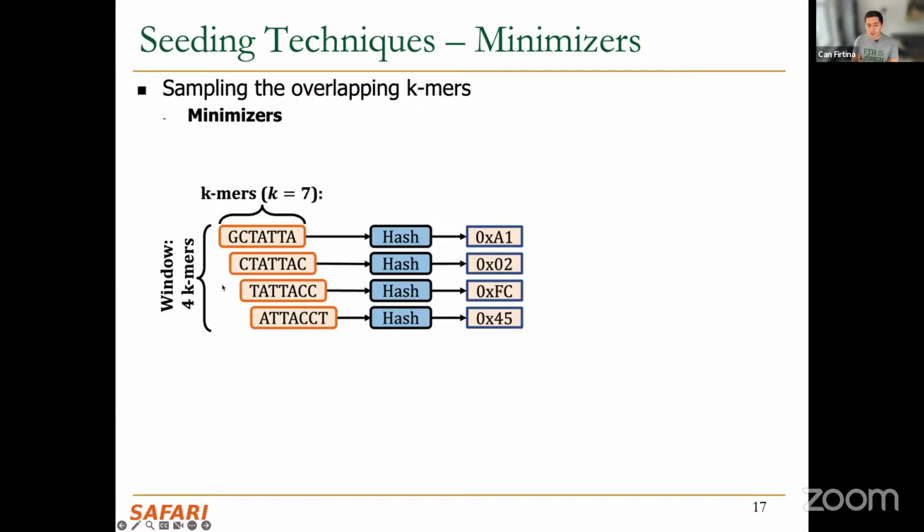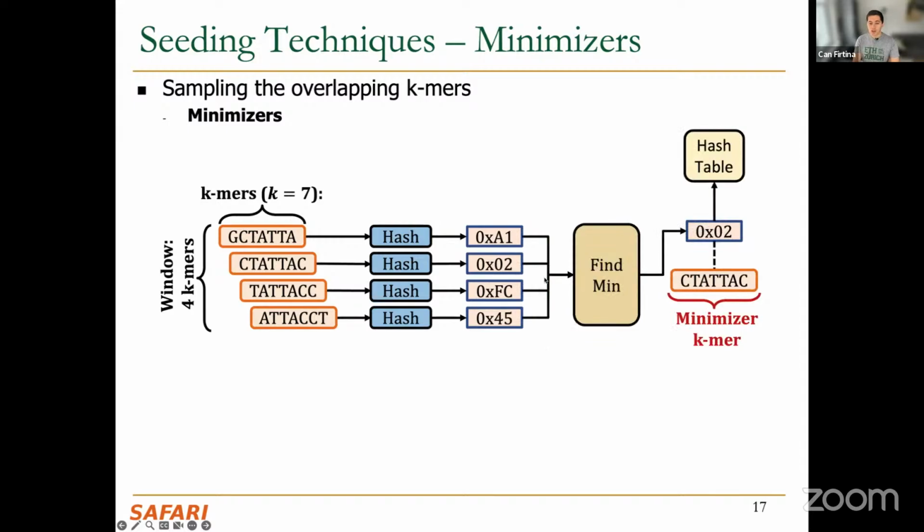So in a given window of k-mers, we hash all of these k-mers in the same window and generate their hash values. Then we find the minimum hash value. In this case, maybe this one provides the minimum hash value, and we store only this one in the hash table.